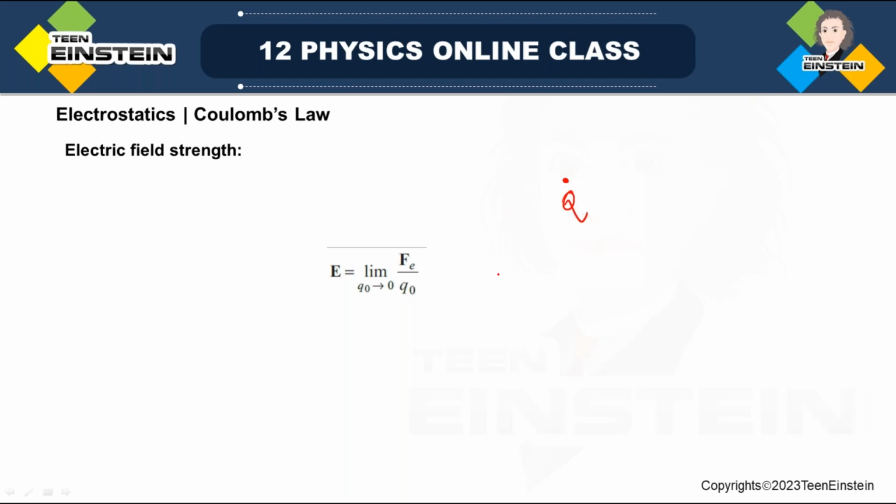The charge which is brought to any point of that field is called the test charge. Okay, test charge.